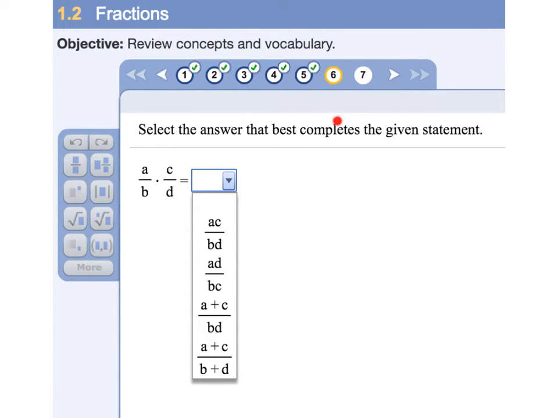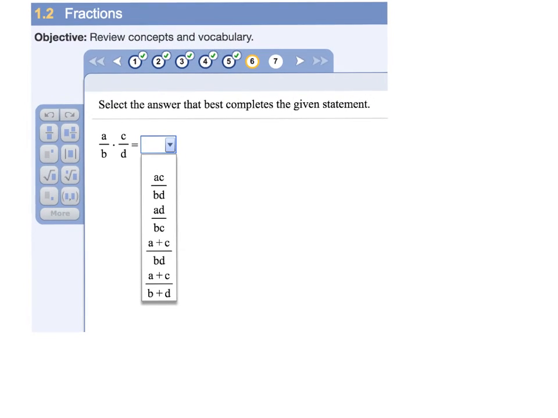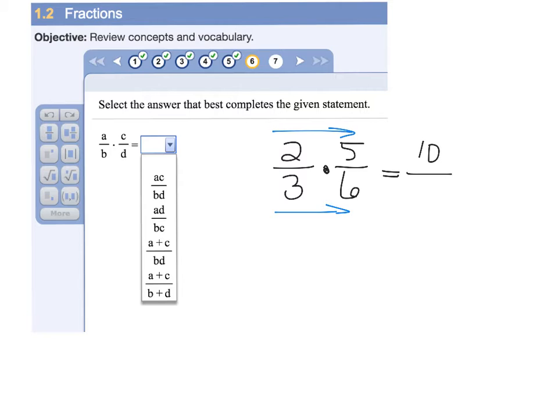So here it says, select the answer that best completes the given statement, and basically we're multiplying two fractions. That little dot means multiply. And so when we're multiplying two fractions, let's say 2/3 times 5/6. Nice, easy way to multiply is you just go straight across and you multiply. 2 times 5 is 10, 3 times 6 is 18, and I'm going to leave it at that right at this moment.